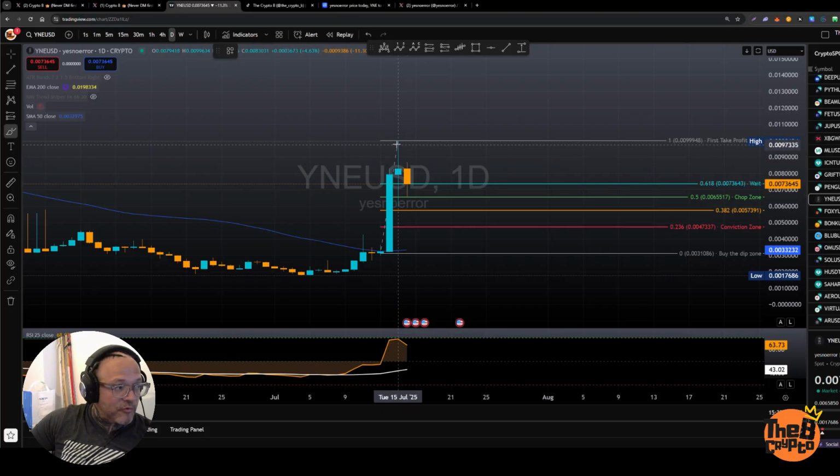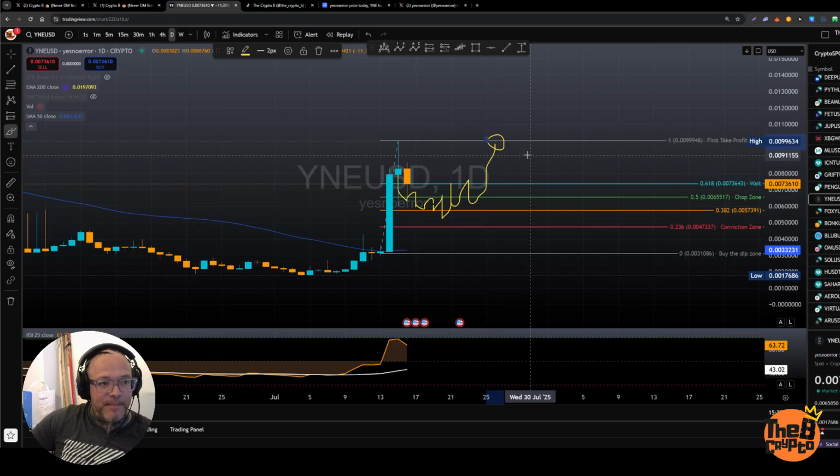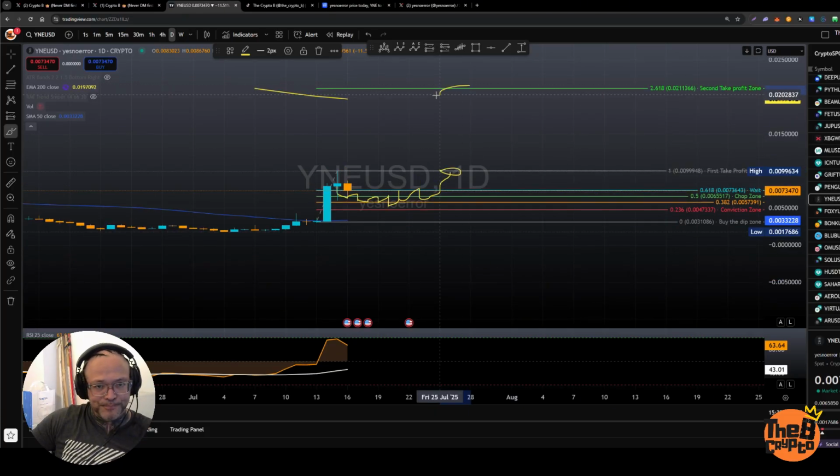So now, of course, a healthy pullback, like I mentioned before. We are in the chop zone here. If it stays within the chop zone, we see next going up here again, first taking profit zone, and then I see something around here, which is 2 cents.